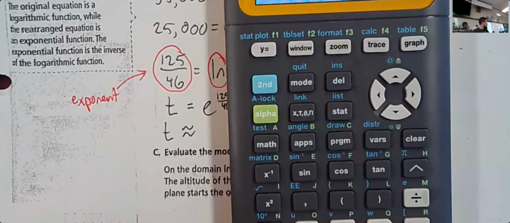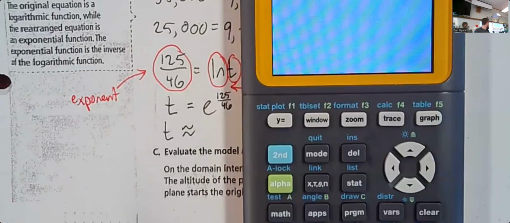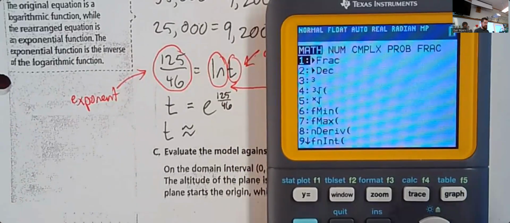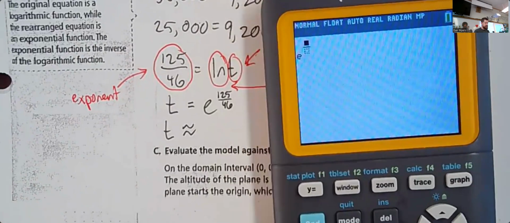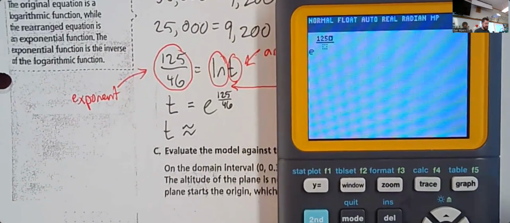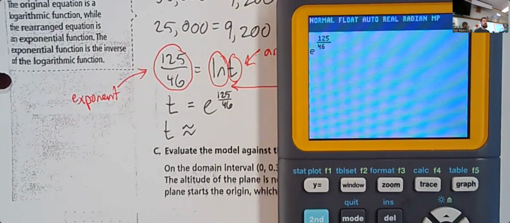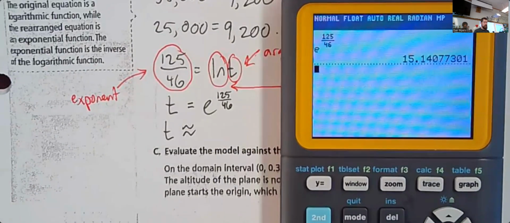So e to the x is what we want, which is above ln. If you type in second and then the ln button, that'll give us e with an exponent. Then we need a fraction, so math, scroll over to fraction, and then we can use an exponent fraction, 125 over 46. Hit enter, what do you get? 15.14.